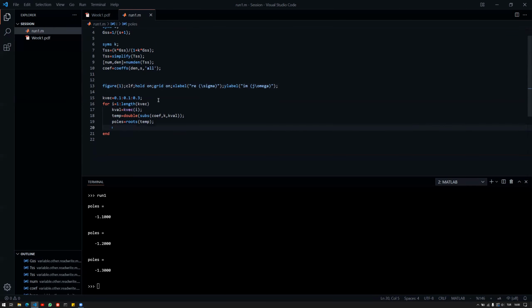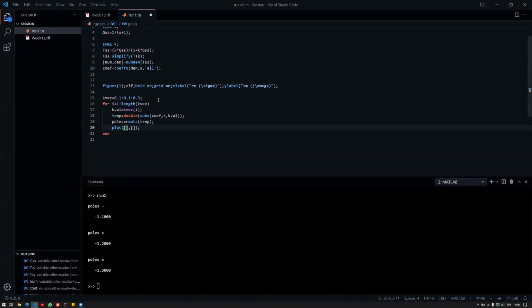So once I've created this plot, I will use the plot function. And the plot function expects from me a vector for the x-axis coordinates and a vector for the y-axis coordinates. So there should be two vectors.